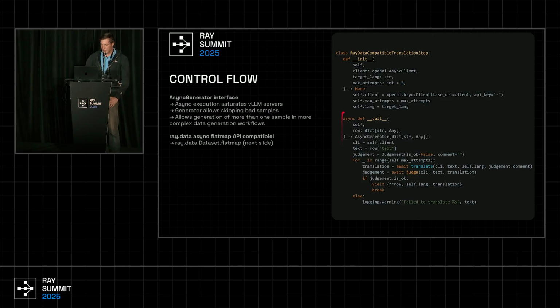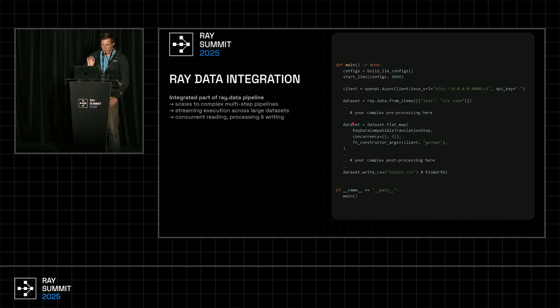The magic here is just that we have the call method defined as an asynchronous generator. That's all. In the main method now, this class can be put directly into a Ray dataset, which means that just the way we offloaded all the GPU-bound operations to Ray serve, we're offloading all the CPU-bound operations into Ray data.